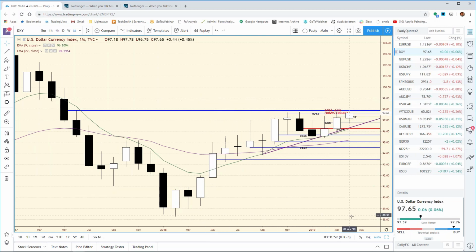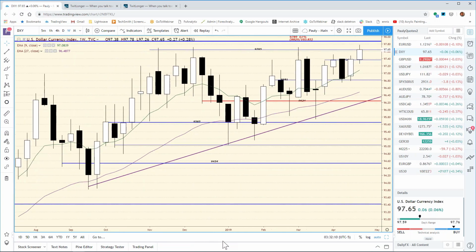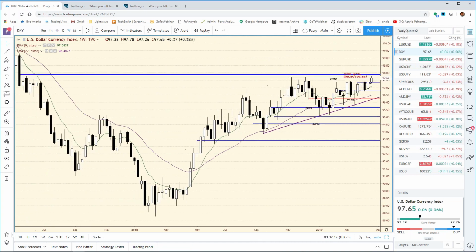Let's move it into the weekly. Right there. And we know we've had the most bulls since 2016. So as I mentioned, when we talked about the analysis earlier in the week, the pullback was even a minor pullback.